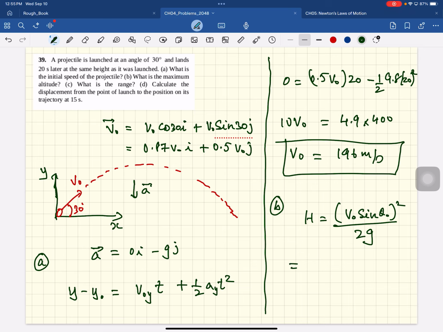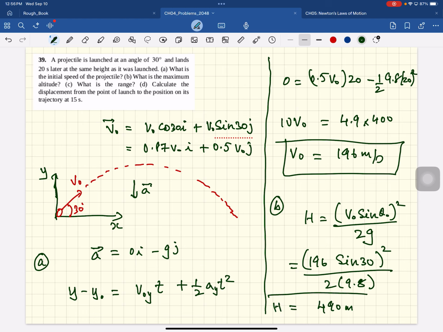So we have the initial speed, which is 196 meters per second, sine 30 squared, divided by 2g. So it goes up 500 meters.